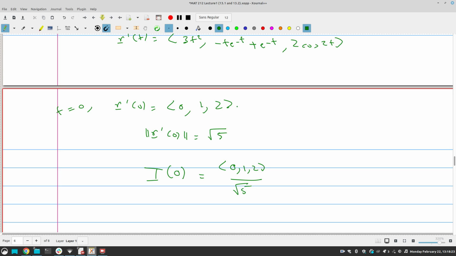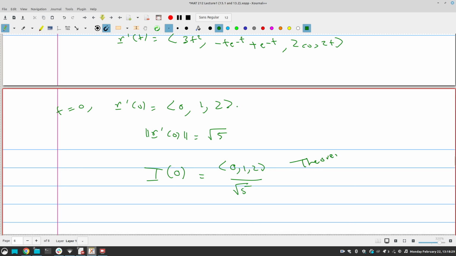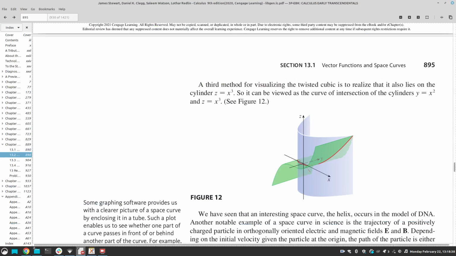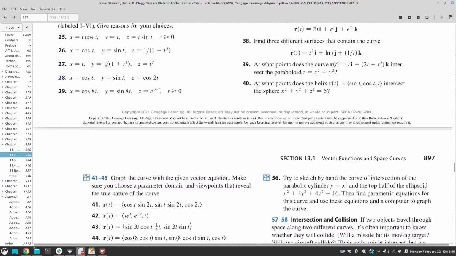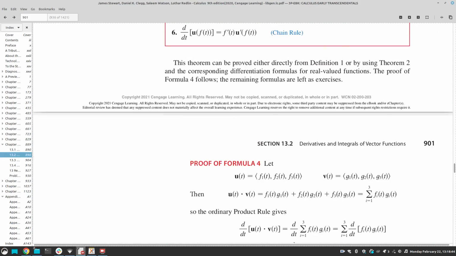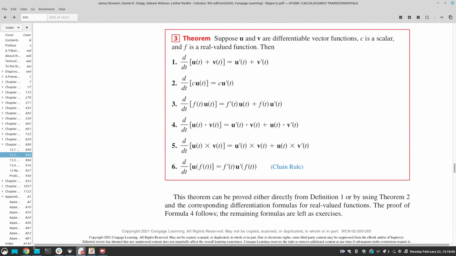On page 900, theorem 3, you have a bunch of formulae: six formulae regarding differentiation of vector functions.